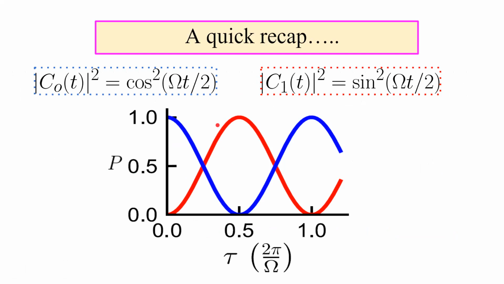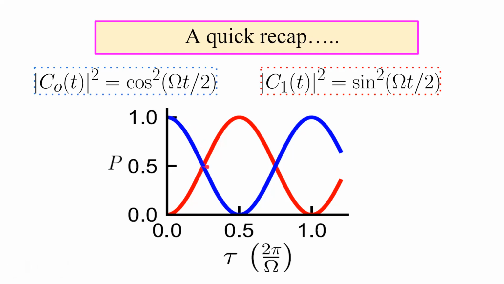As you can see, the blue curve shows the probability of occupancy of the particle at energy 0, which is the ground state. At time 0 it is equal to 1, and nothing is present at the excited energy state. So when we start driving the system, the probability of occupancy of the ground state decreases sinusoidally, and the same for the excited state increases sinusoidally.